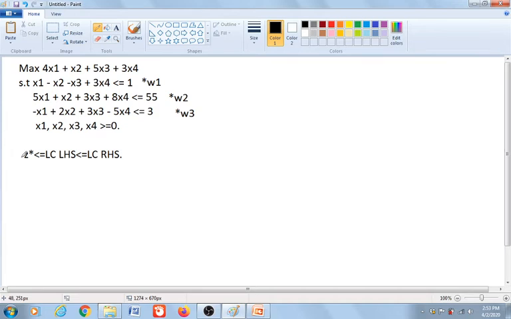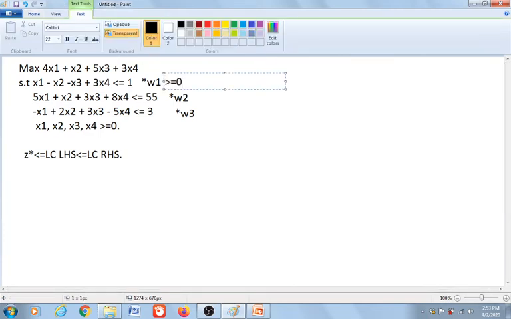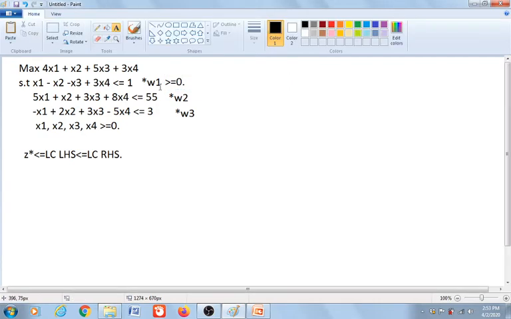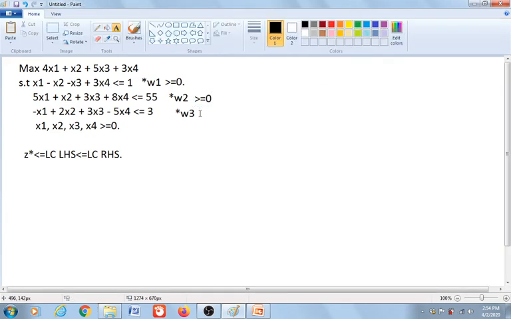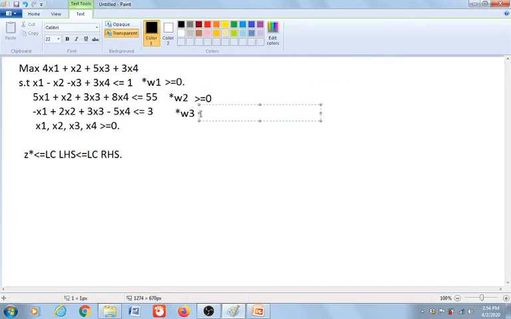So in order not to change that, W1 must be positive, because if it is negative, then the sign will change. The same thing with the second constraint, so W2 must be positive also, and W3 also must be positive.